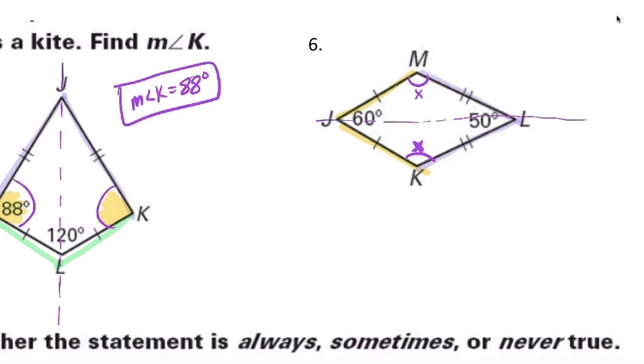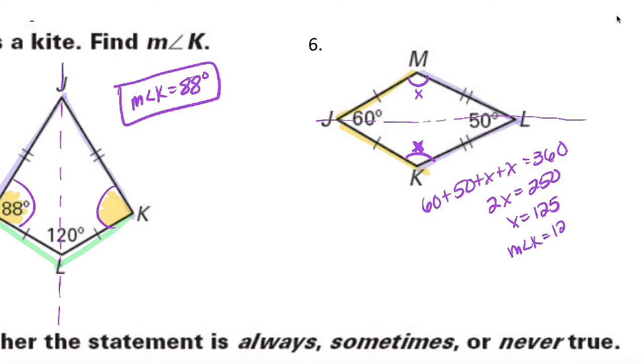And we know that a quadrilateral adds to 360 degrees. So we know that 60 plus 50 plus 2x will add to 360. So doing some math here, we are able to determine that 2x will be equal to 250, and dividing by 2, x is 125. So the measure of angle K is 125 degrees.